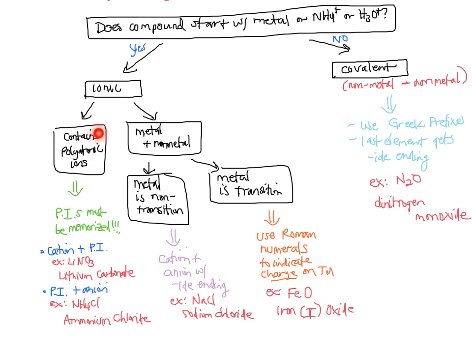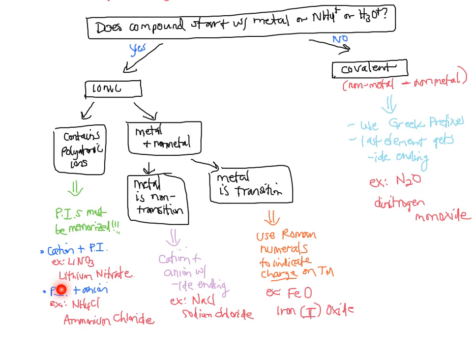Ionic compounds contain polyatomic ions, or they don't contain polyatomic ions. If they contain polyatomic ions, you must memorize your polyatomic ions. If your polyatomic ion's an anion, then you just name your cation and you add the name of your polyatomic anion. So LiNO3 becomes lithium, sorry, that should say nitrate. Okay, there, I fixed it.